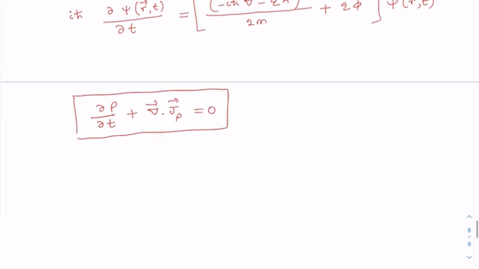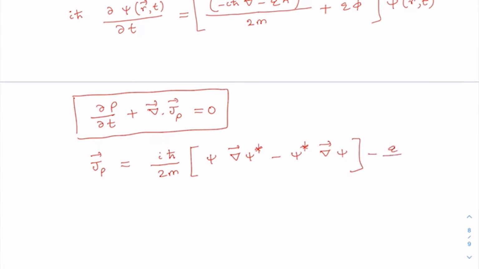You will find that this should be simply iħ/2m, and here you will have it as ψ∇ψ* minus ψ*∇ψ. Okay, and you have an additional term that would be q/m ψ*Aψ.